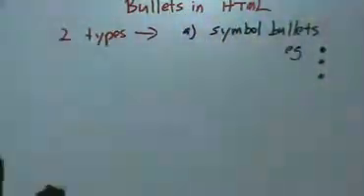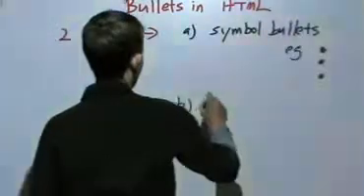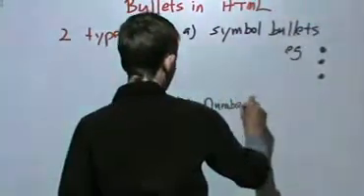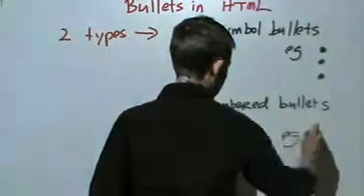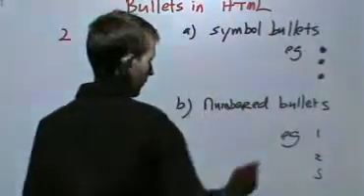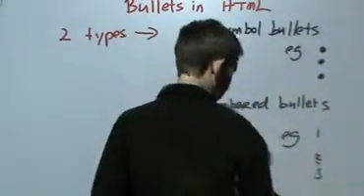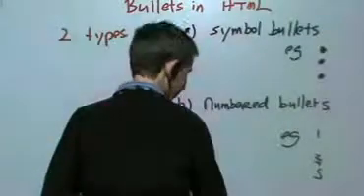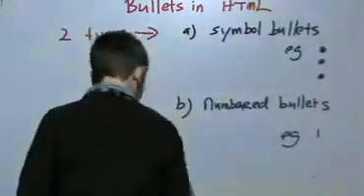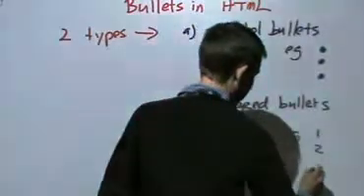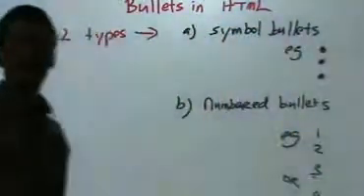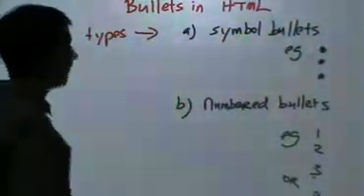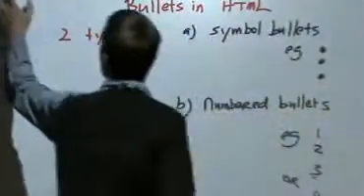You see those in Word. The second type of bullet is numbered bullets, and that's what they look like. Of course, you can also indicate which ones you want in Word. So it's very easy to create bullets in Word.